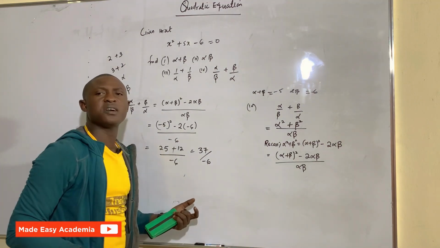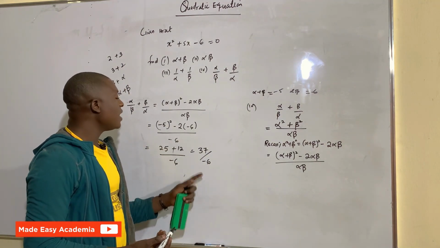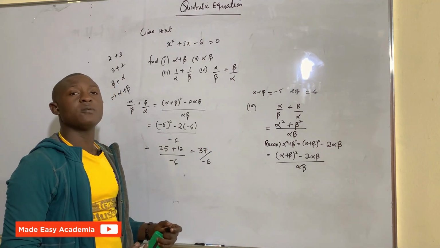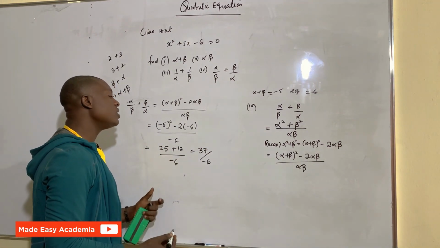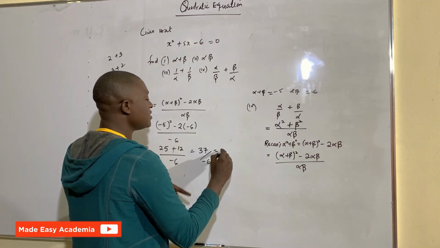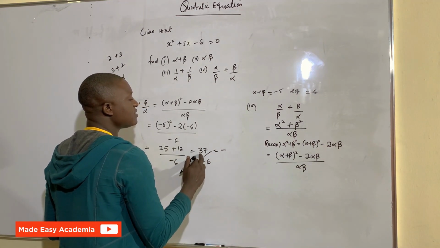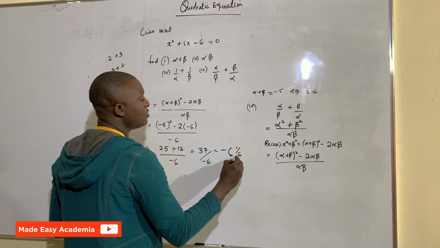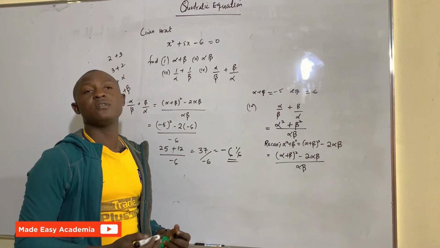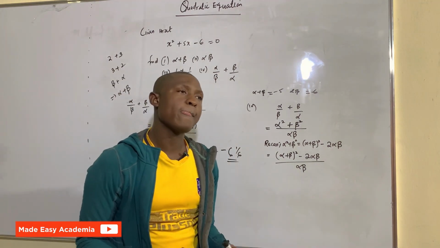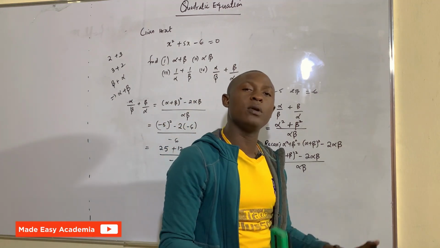Here you can leave it as a fraction, it depends on the result. Either you leave it in fractions or in the form of mixed fractions. Here I can say 6 in 37 is 6 remainder 1, all divided by 6. Or you can even leave your answer in the form of a decimal. It depends on how the result is left in that particular problem you are solving.